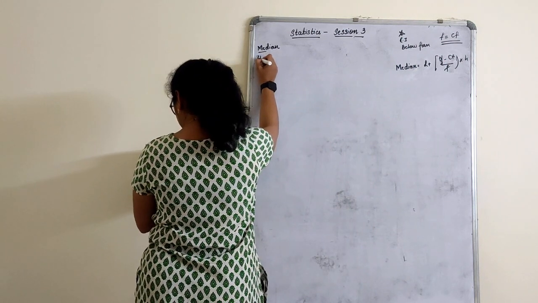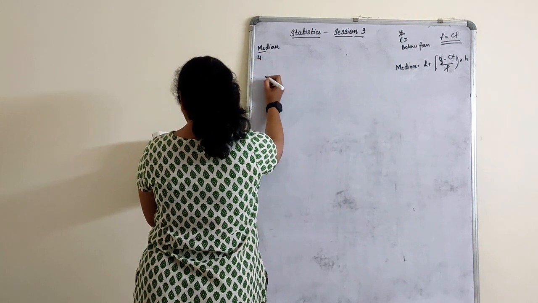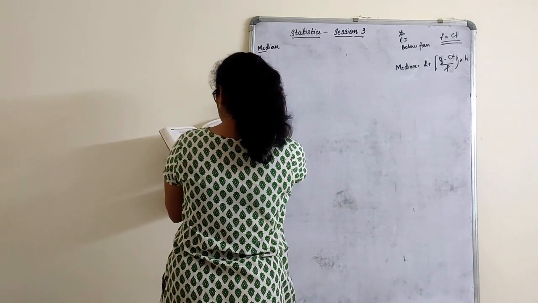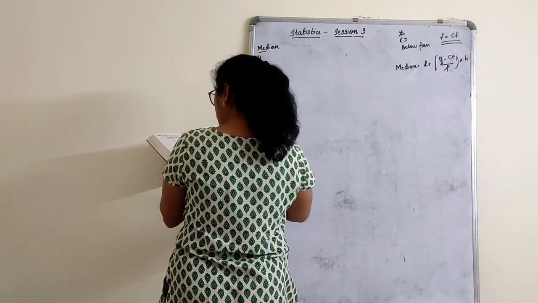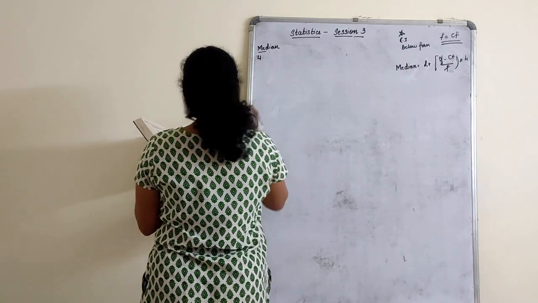Fourth one: the lengths of 40 leaves of a plant are measured, correct to the nearest millimeter.